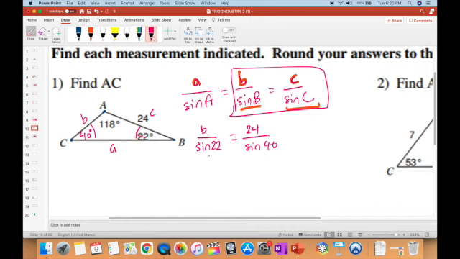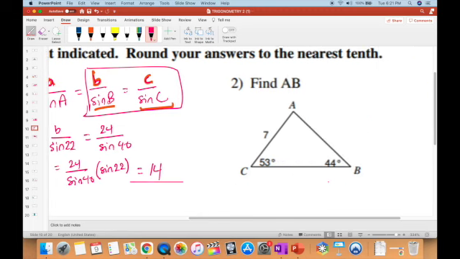All I need to do is throw this sine 22 across. So b is equal to 24 over the sine of 40 multiplied by the sine of 22. What does this work out to be, Scotia? It is 13.9, approximately 14. So the side b is 14, and now we could actually use the sine rule and find the side a if we want.